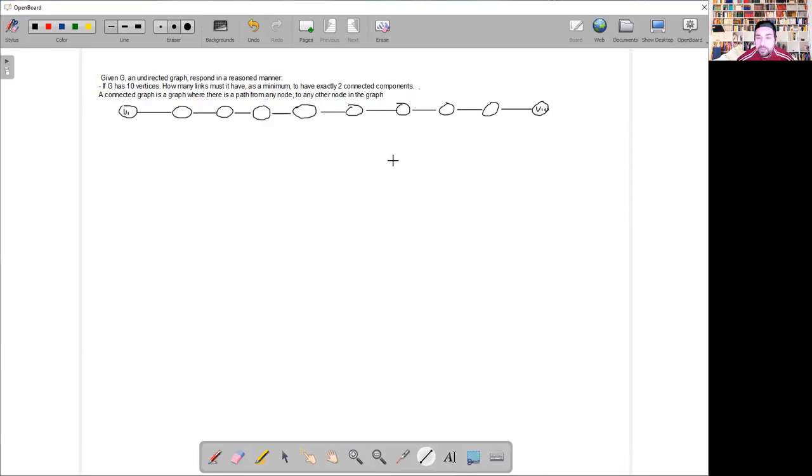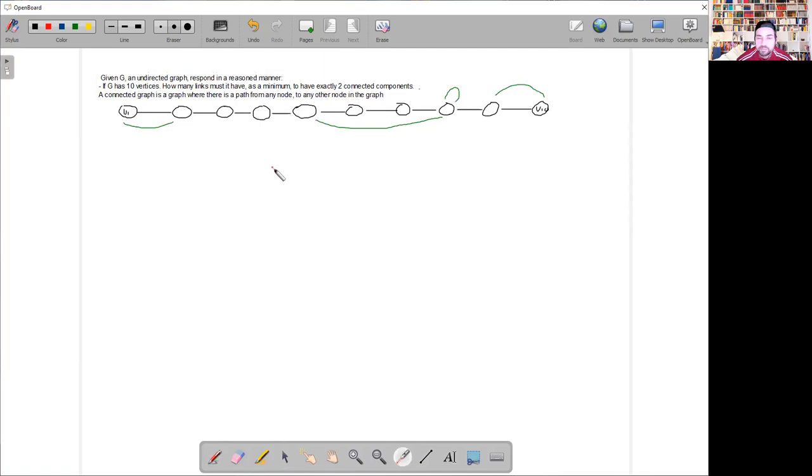But they are asking to have exactly, well, I could have any other link here, right? I could have more links. I could have a link here. I could have another one here, but it doesn't matter, right? The minimum number of links that I need for this graph to be connected is one less than the number of nodes, right?